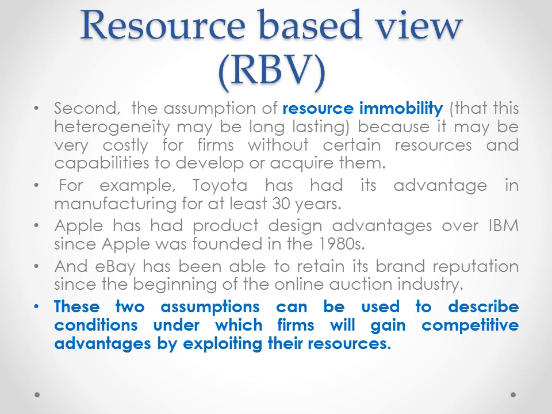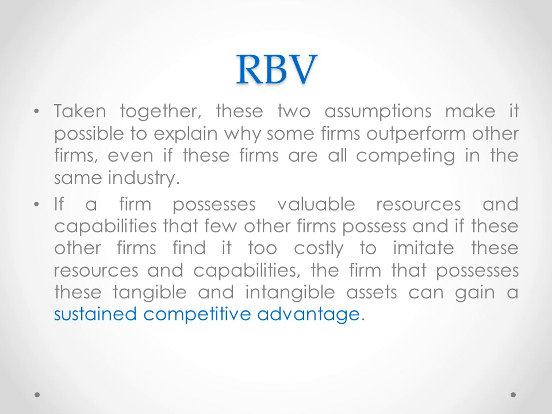The second is resource immobility, meaning other companies may find it very costly to copy and imitate a competitor's resources. Taken together, these two assumptions make it possible to explain why some firms achieve competitive advantage more than other competitors.